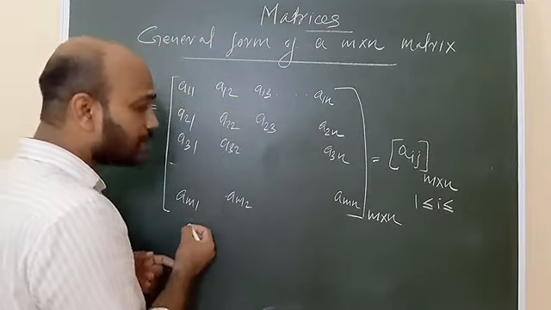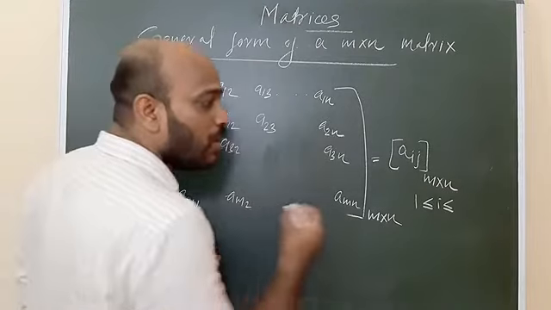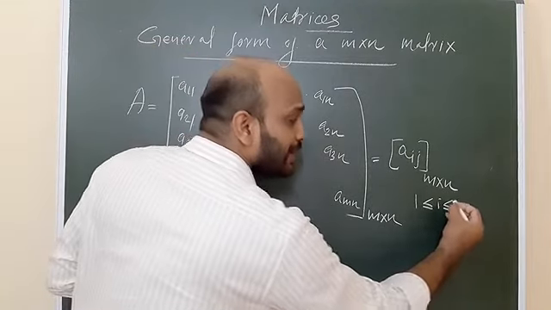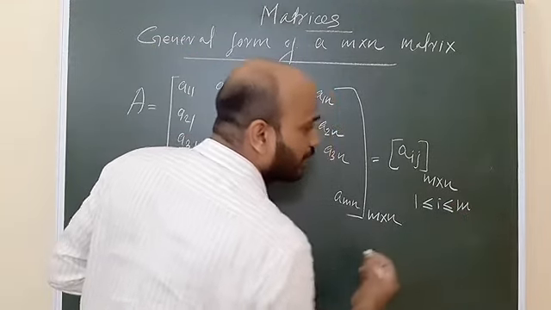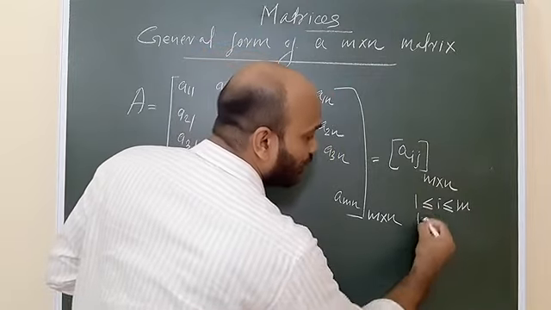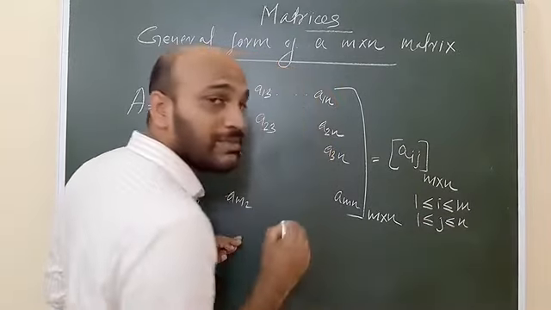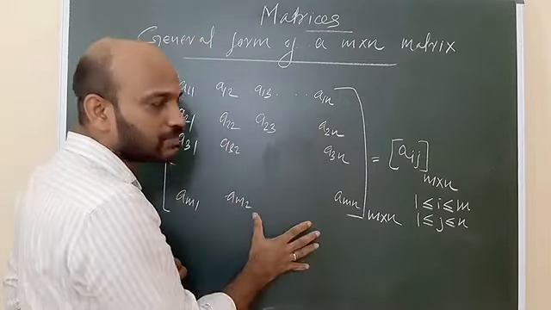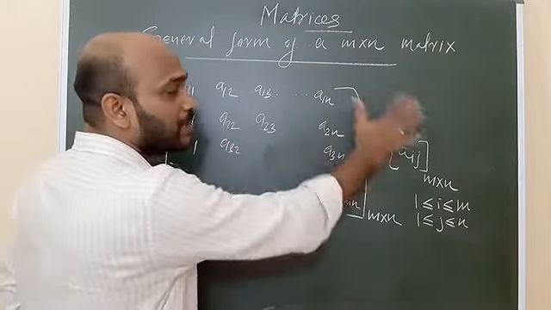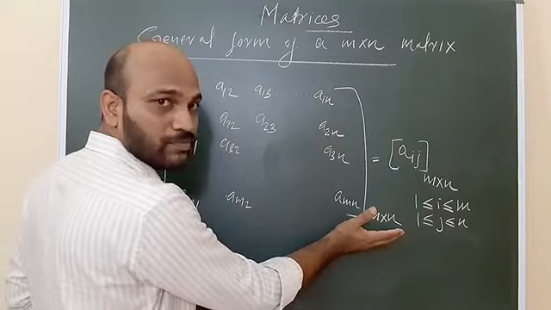How many rows are there? There are m rows. So 1 less than or equal to i, less than or equal to m we want to write, and j, 1 less than or equal to j, less than or equal to n, because the number of columns is n. So generally we can represent a matrix in this form.